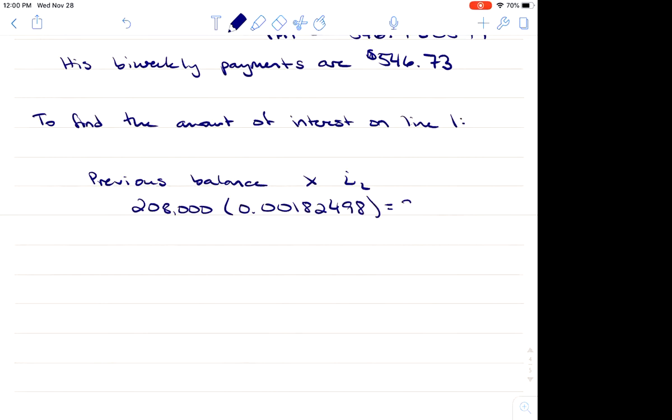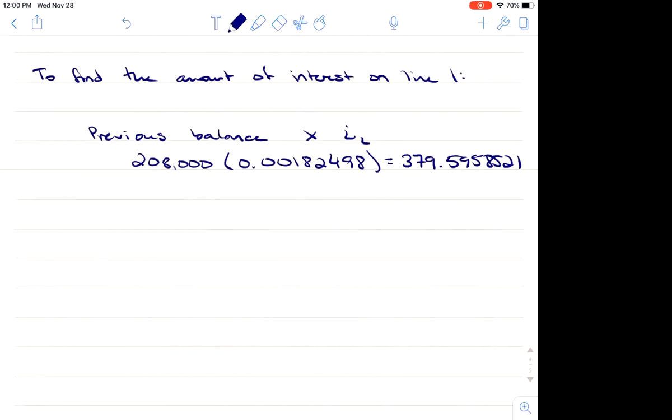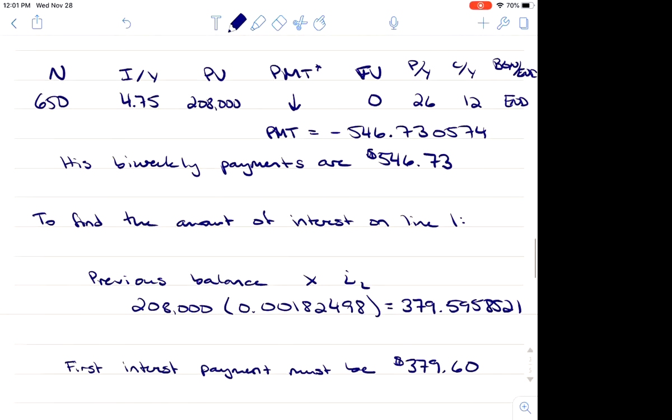So I have to pay 379.595851 for the first interest payment, which must be 379 and 60, right, with rounding. Okay, 379.60.